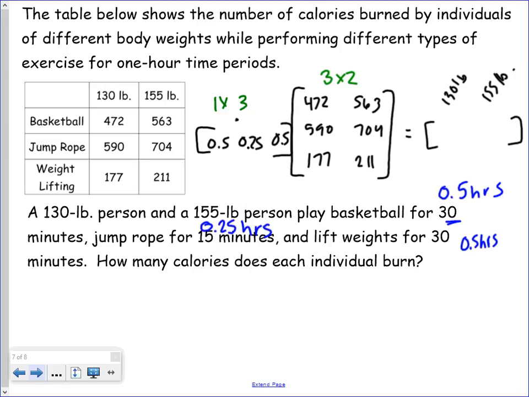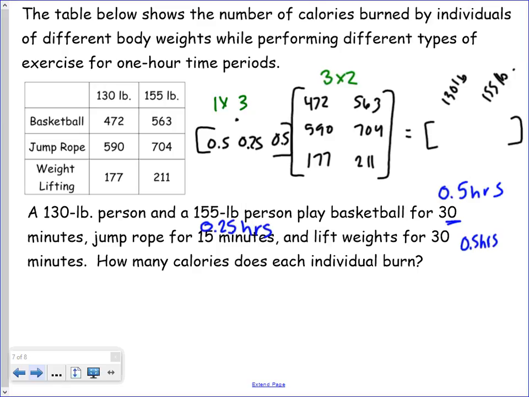If you did your matrix multiplication, you'd be doing this first row, 0.5, 0.25, 0.5, times that first column. The basketball time is going to match with the basketball calories, the jump rope time with the jump rope calories, and the weightlift time with the weightlift calories for the 130-pound person. And if they did all three activities, we would add them together.